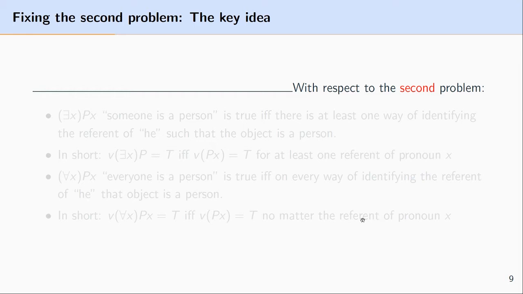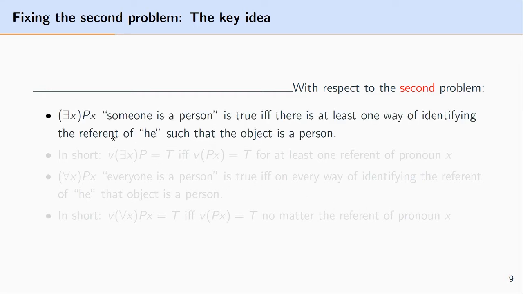So here's the general outline, but again, we'll go into the specifics later. Let's take a formula like ExPx, or let's say, someone is a person. This formula is going to come out as true if and only if there's at least one way of identifying the referent of the pronoun he such that the object is a person.